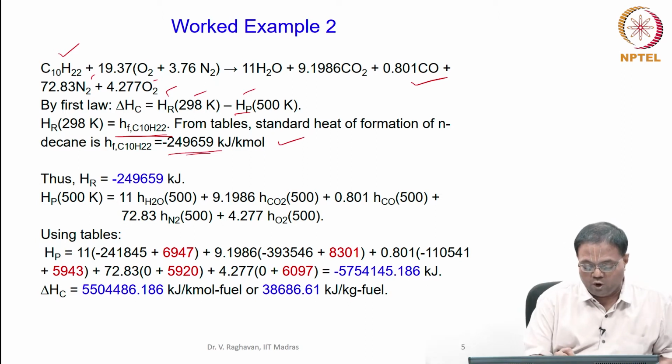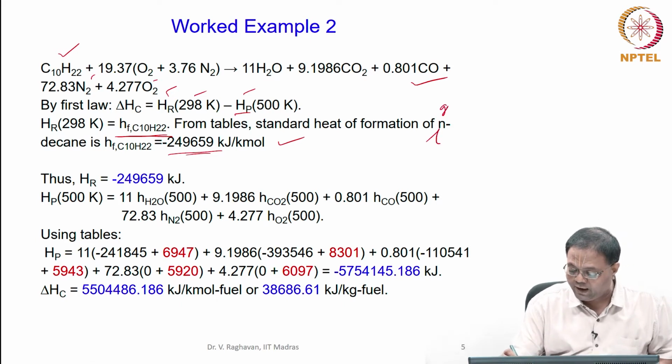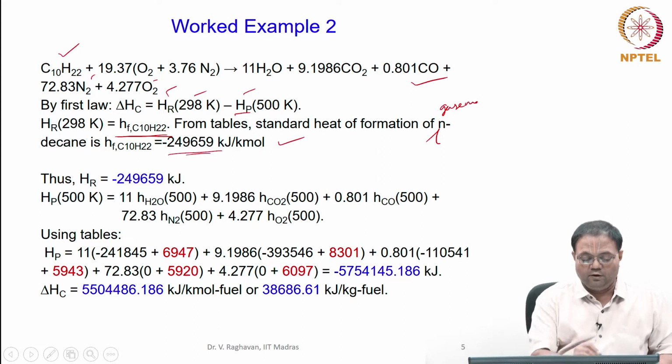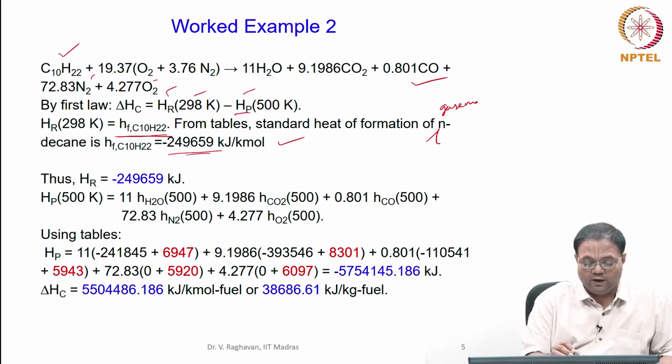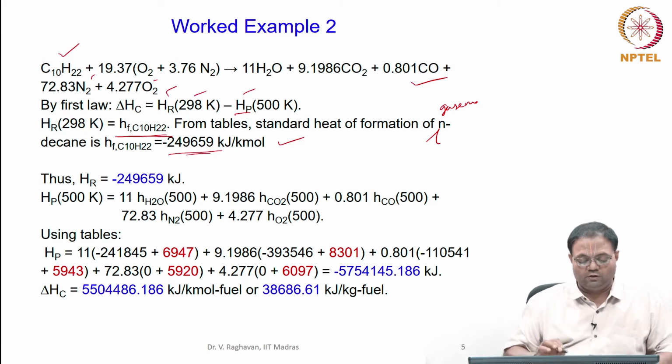So you have to take this enthalpy of formation, the standard enthalpy of formation of gaseous n-decane. That is taken from the tables. Stephen Turns gives this value for the gaseous one. Now that should be substituted for HR. That's it. Now HR is known.